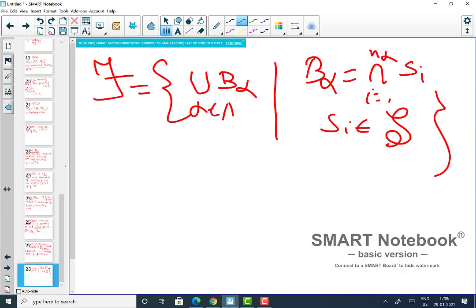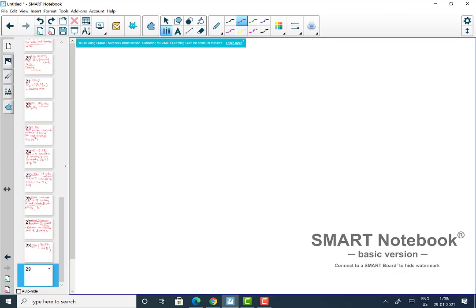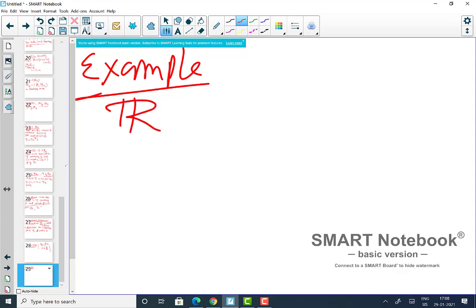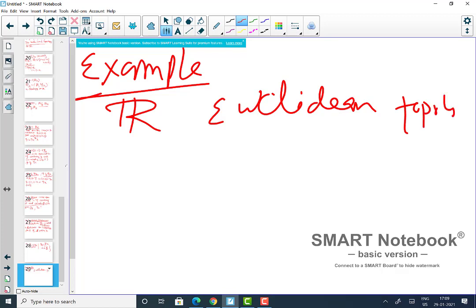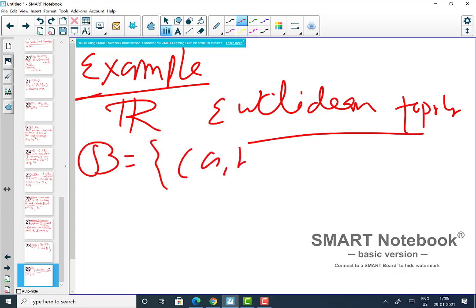Let me give an example; it will be clearer that way. Take R with the Euclidean topology. Inside the Euclidean topology, you know the basis open sets are nothing but open intervals.